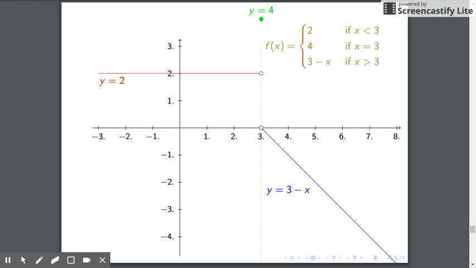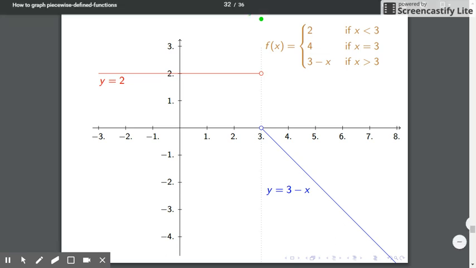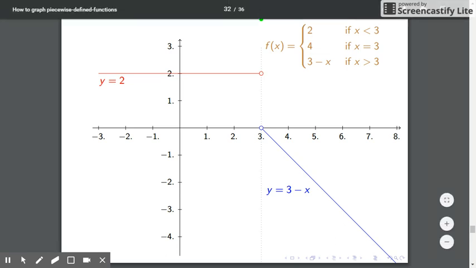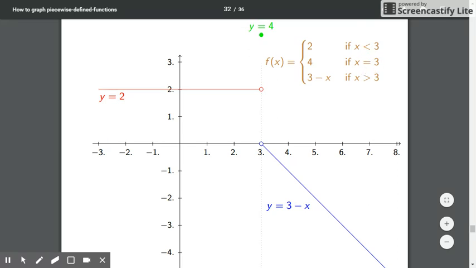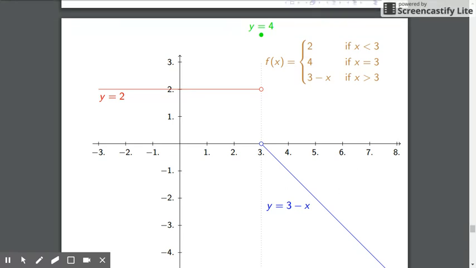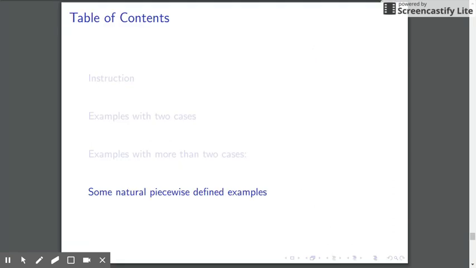And then since the second rule exists, we're going to put in the value of the second rule, which is 3 and 4. So that's the filled point 3, 4. So that's another one.